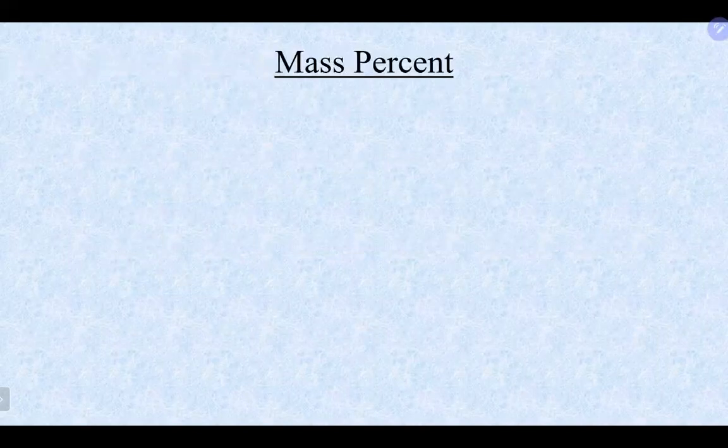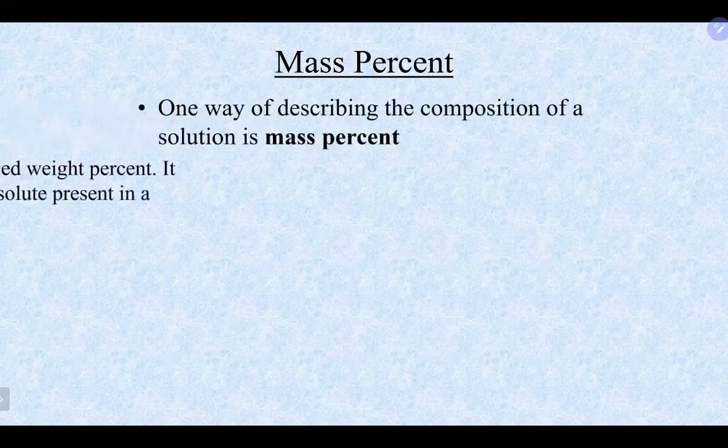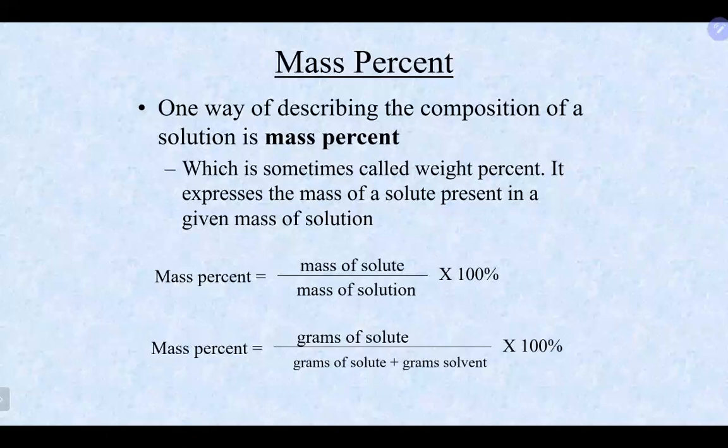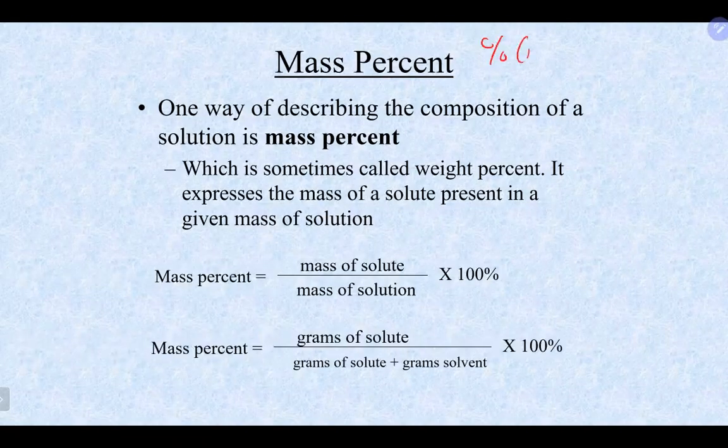All right, we're going to talk here about some important concentration units for solutions. So the first one we're going to talk about is what is referred to as mass percent. This is sometimes abbreviated as percent mass to mass. And to calculate the percent mass to mass, you take the mass of the solute, so that is the smaller part of the solution, divided by the mass of the solution times 100%.